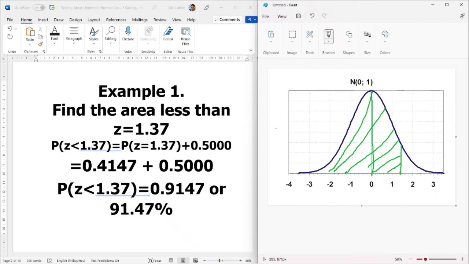In other words, the area below or less than the z-score 1.37 is 91.47%.